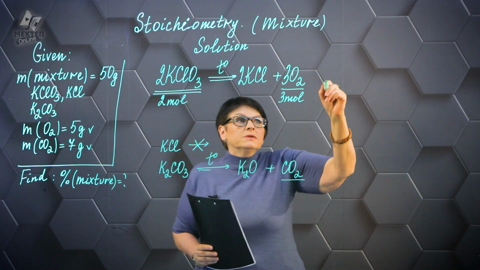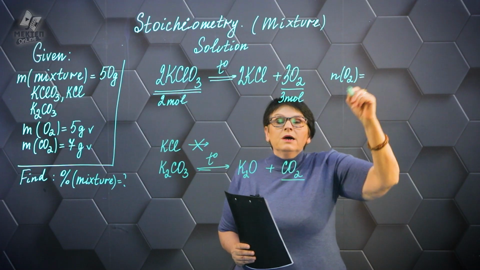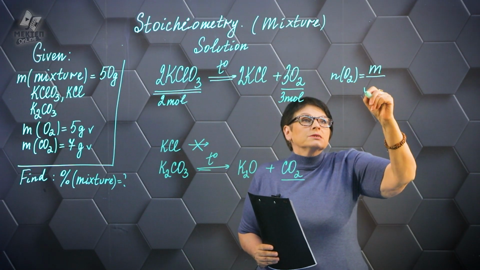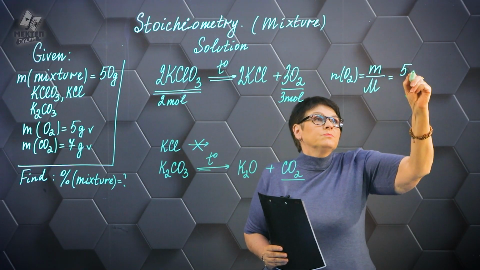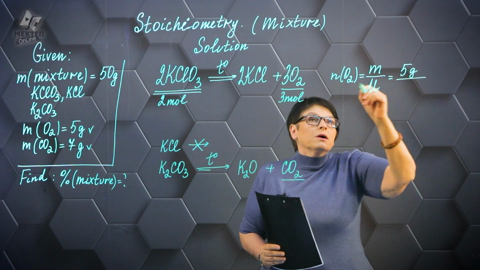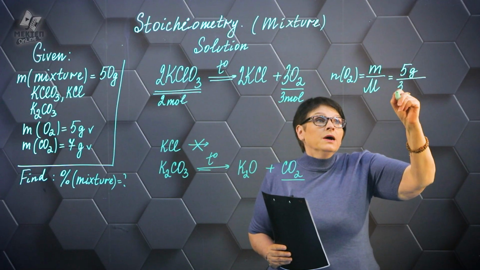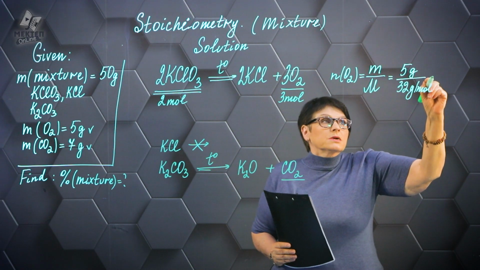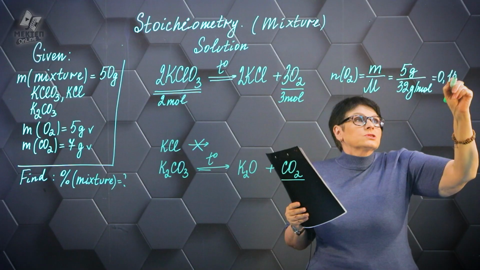To do this, let us find how many moles of oxygen we have given by the condition. Let's use the formula mass divided by molar mass. Substitute: that's 5 grams, and then oxygen has a molar mass of 32 grams per mole. And then we have 0.156 moles.